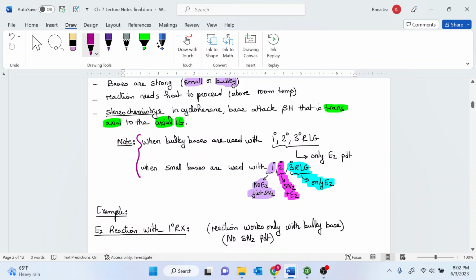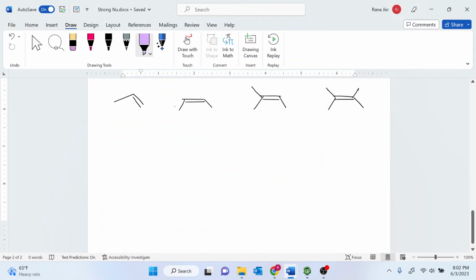When we carry out an elimination reaction, our product is an alkene. Alkenes are classified into monosubstituted, di, tri, and tetra-substituted, and we can arrange those based on stability. So let's highlight the alkene functional group in there, and then look at the carbons that are connected to the alkene.